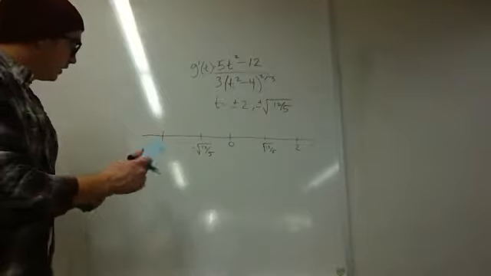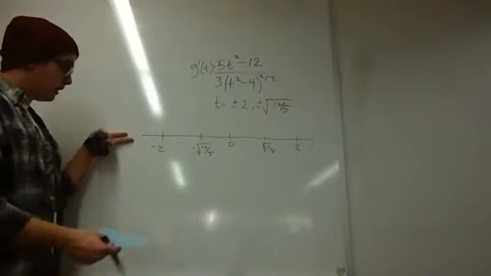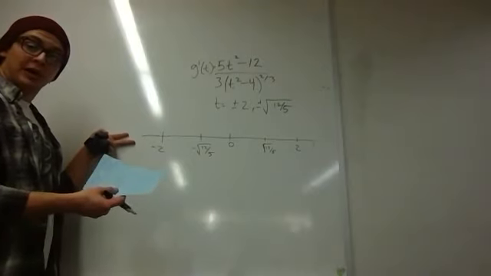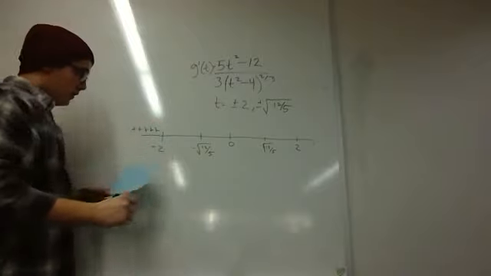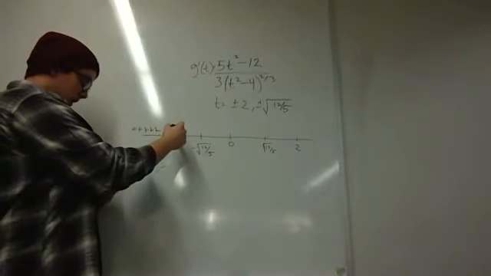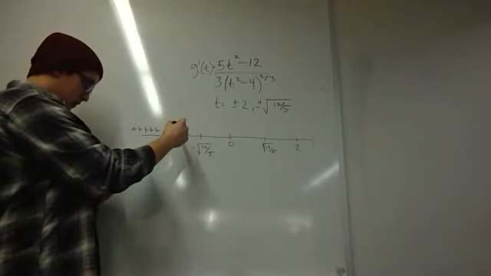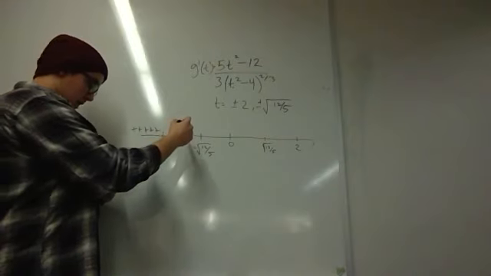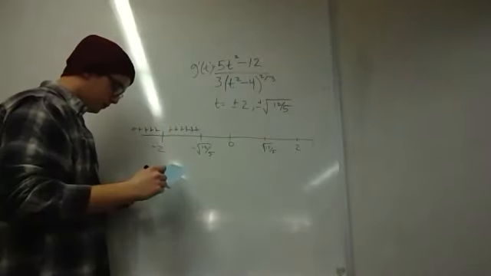If we plug in a negative 3, or a number over here, we get a positive answer, so we know that it's positive out here. We plug in negative 1.7 or something along that line, and you get a positive answer, so it's increasing here as well.